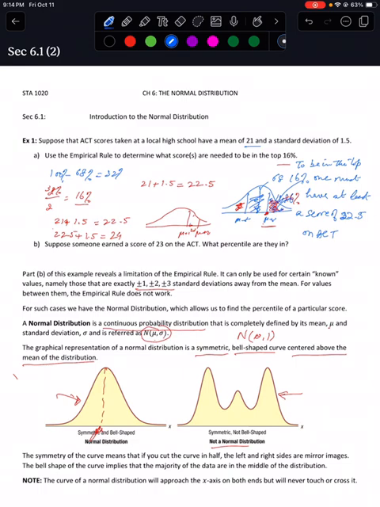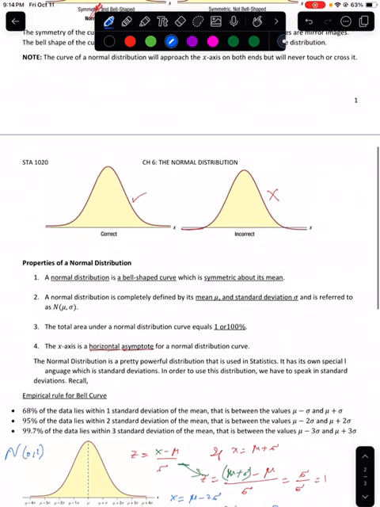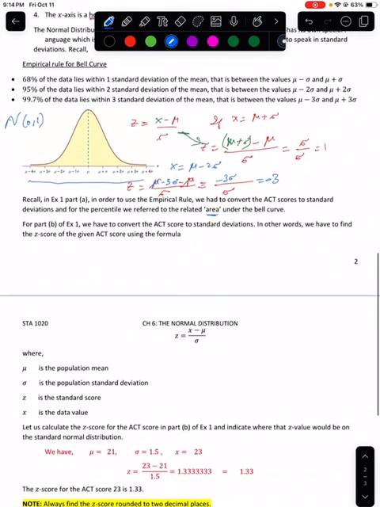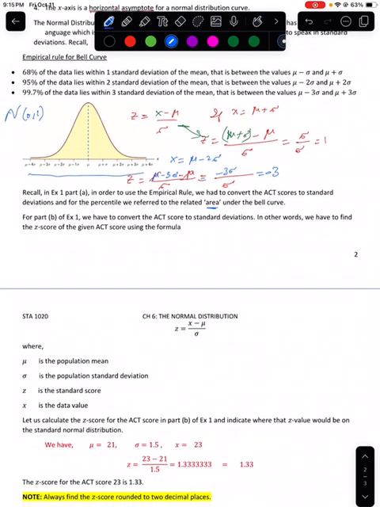Now, in order to find the percentile of the number 23, we must convert it into a z-score, because the z-score, remember, gives you the number of standard deviations the value is away from the mean.